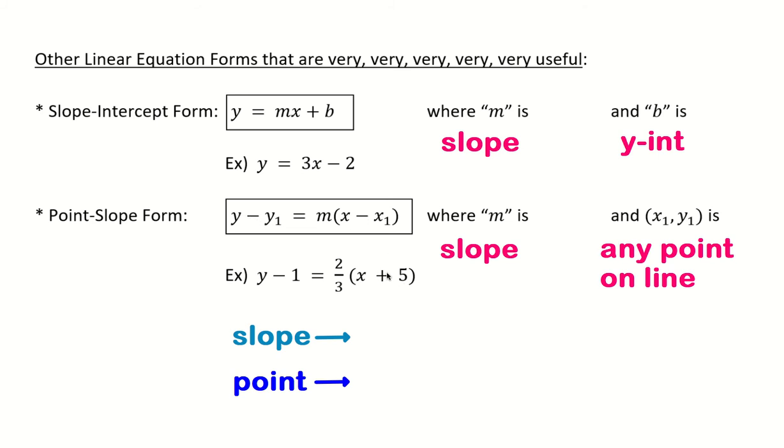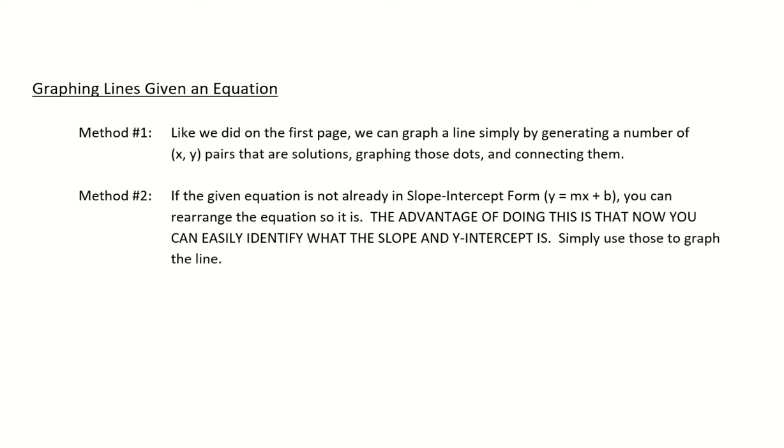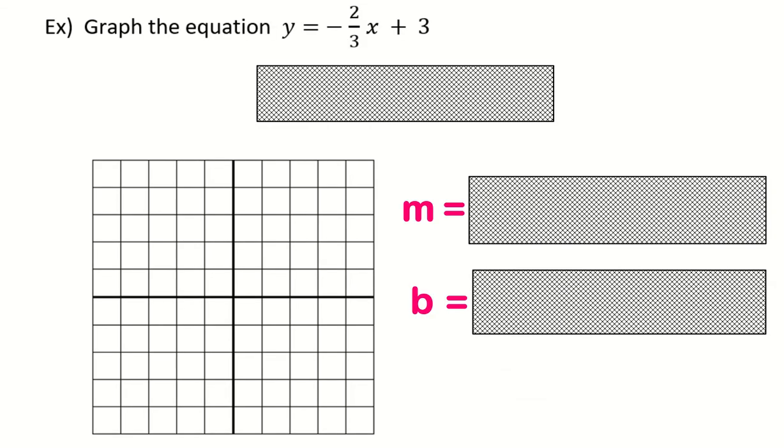So again, your point would be -5, comma, 1, because this pretty much says x minus a -5. I'll get down to that when we're doing some examples.